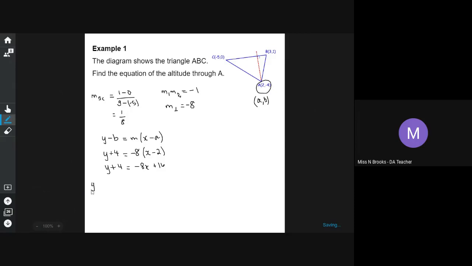So we're going to get y, plus 8x. We're going to take away 16 from the 4, so we're going to get -12, and that equals 0. So the equation of the altitude through A of triangle ABC is y plus 8x take away 12 equals 0.